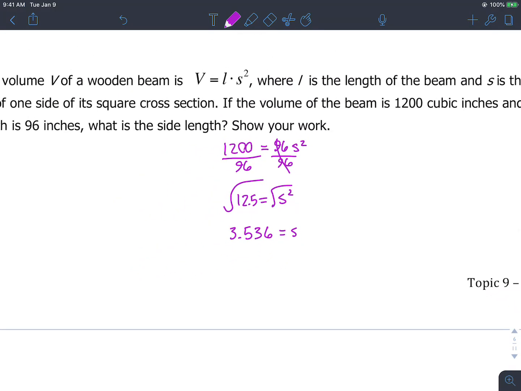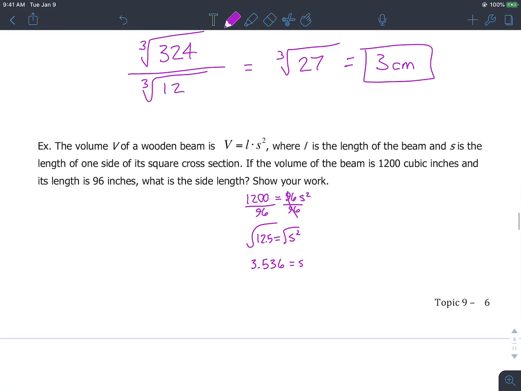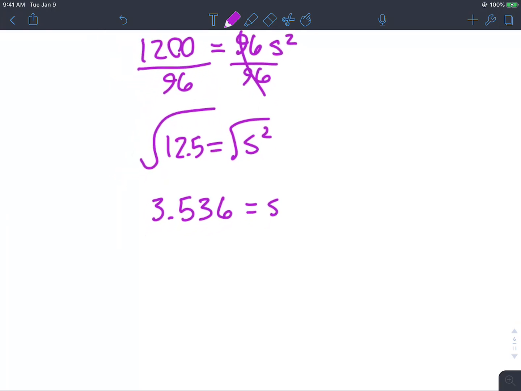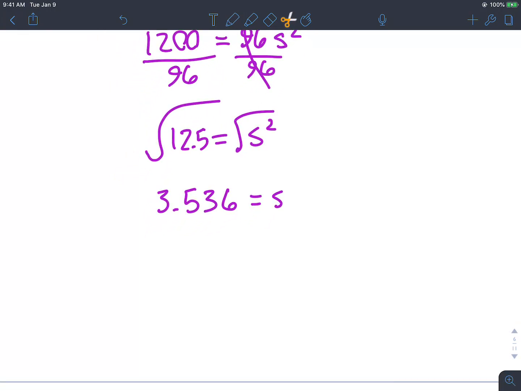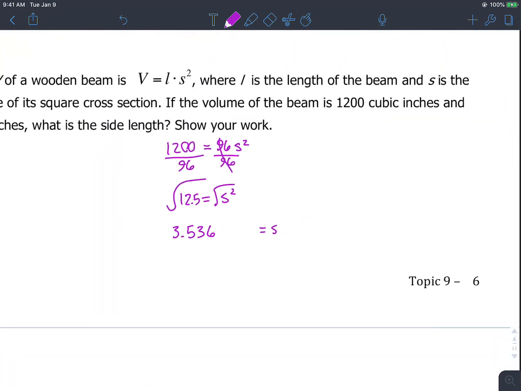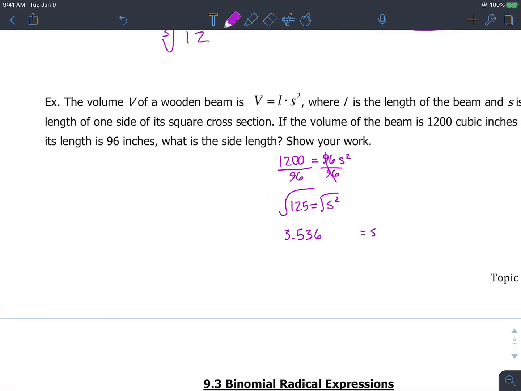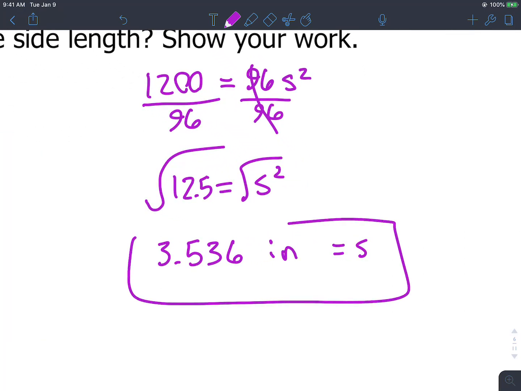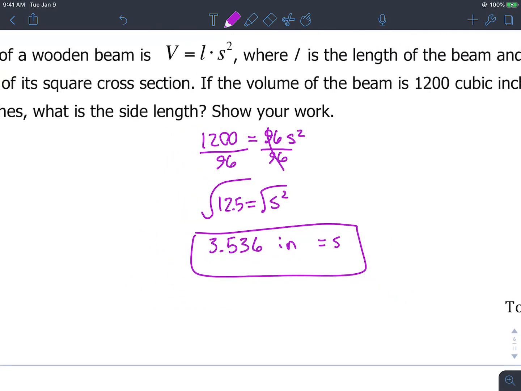And let's see what they asked us to round to, or if they did at all. Nope, they did not. So that'll be your side length right there. And then I guess probably good habit to put your units. Cubic inches, so I'm assuming everything is in inches here, so I'm assuming this side length is going to be inches right here. And that should be it there for you.